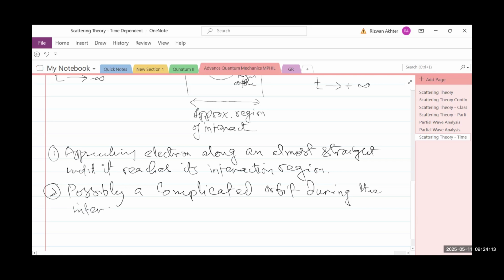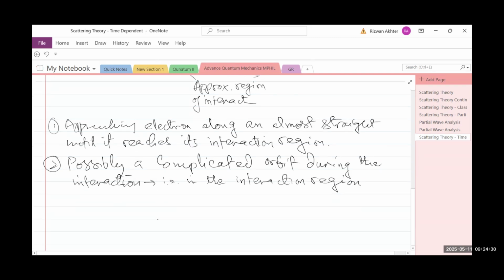This is the interaction region, that is, the region where the incoming particle interacts with the target particle.